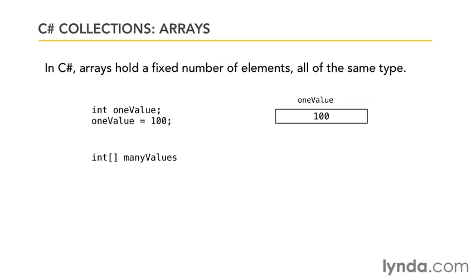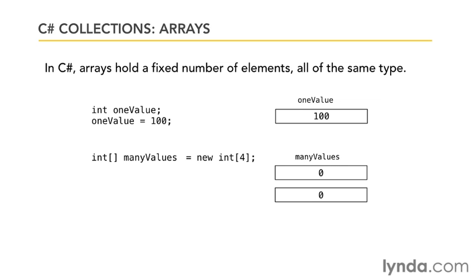And then you complete the sentence by saying equals new, and then the type that you're creating, in this case it's an integer, and then inside the square brackets, you put the number of slots that you want to create. So this line of code right here, int, square brackets, many values, creates a variable called many values, which is an array of, in this case, 4 integers.